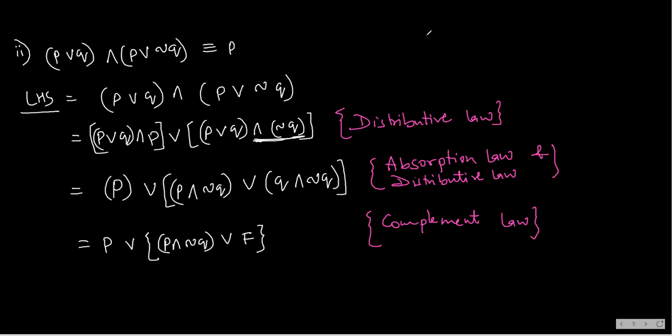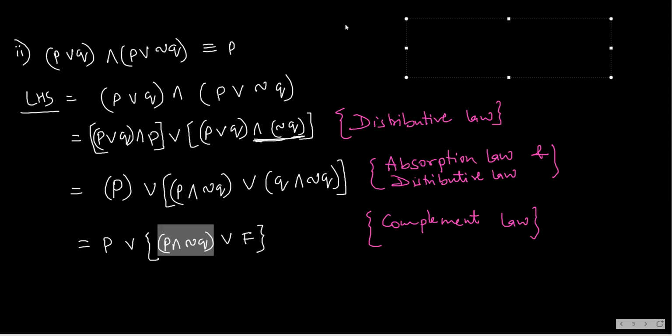The next one you have is, now you know that for a given statement, if you have disjunction with false, then the truth value will be that of the given statement. P or false is always P. P and false will always be false.